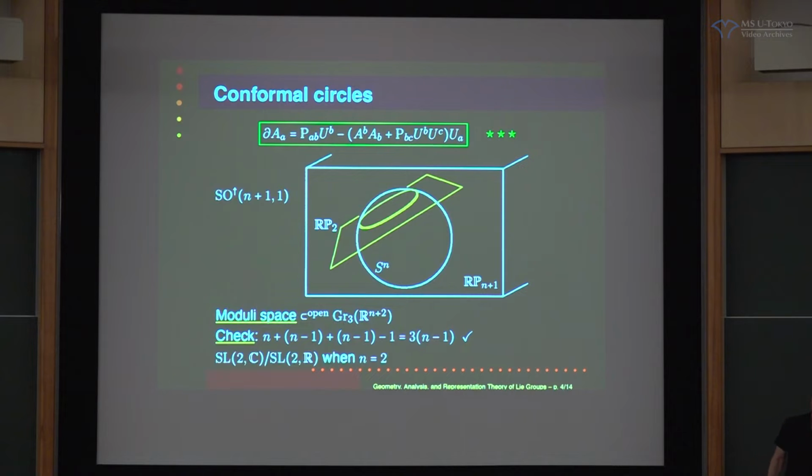Okay, a good example, although I'm cheating a little bit because I said I was going to take n to be greater than or equal to 3, and here I'm taking n to be equal to 2, is the moduli space when n is 2. Of course, you can think of this conformal sphere as the Riemann sphere. And so the natural group of conformal motions of the Riemann sphere is this group acting on the Riemann sphere.